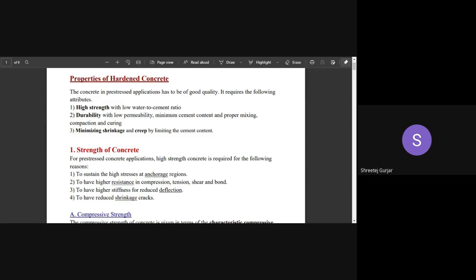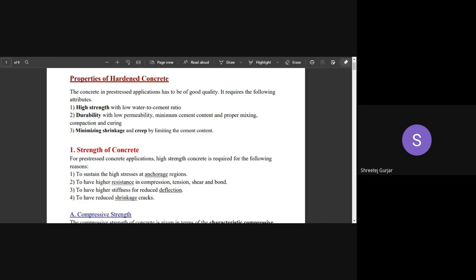So your first and foremost property is it should have high strength, with low water to cement ratio. Remember, it should have low water to cement ratio, because if you have high water to cement ratio, there will be more shrinkage and there will be more creep which will be occurring. So we need to avoid this shrinkage and creep.